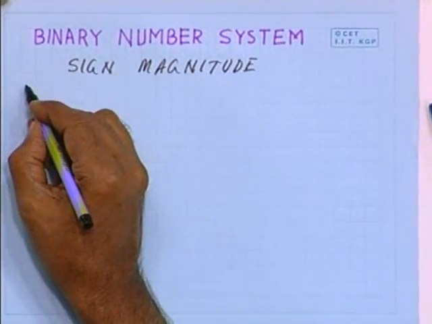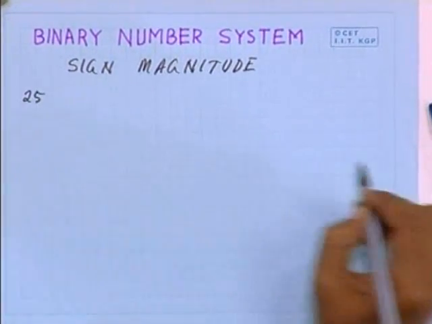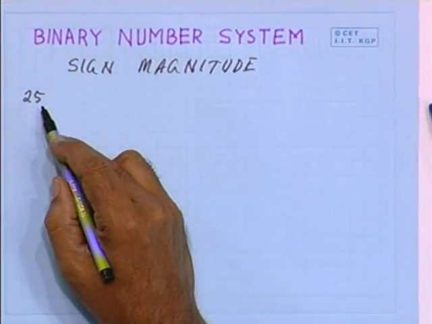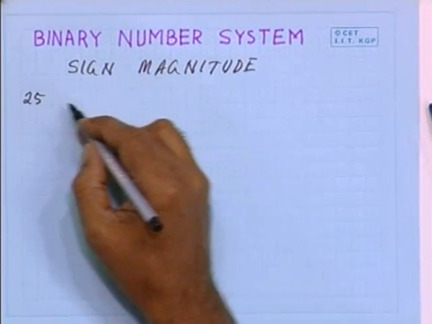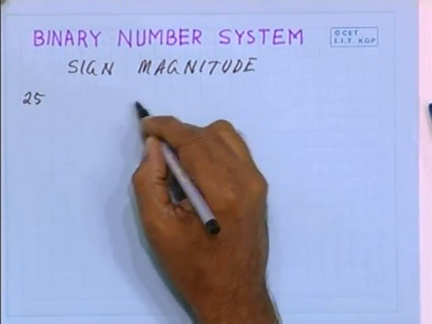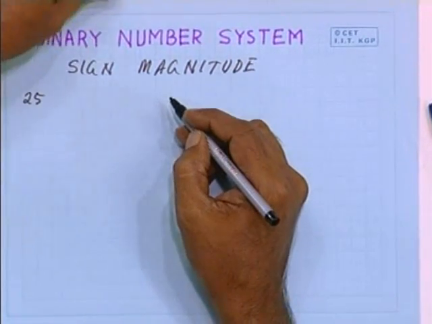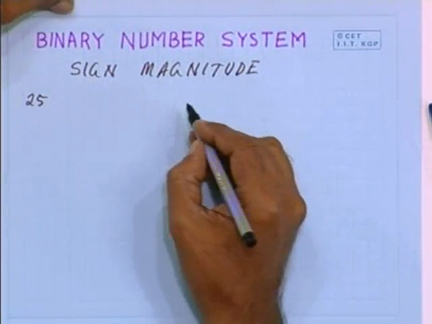Suppose you are representing the value of 25. It is represented in terms of zeros and ones in this manner. So we can extend the concept here. Here it will be just like your decimal numbers. We can extend it in this way.